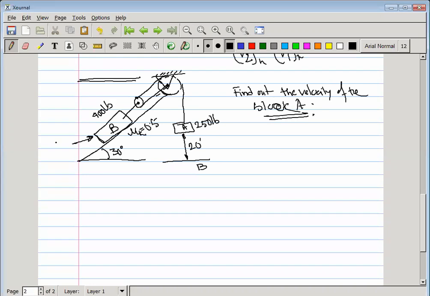This one is your log and this is your block. If the log moves up, automatically the block will go down, or if the block goes down due to its own weight, then automatically the log goes in the upward direction.